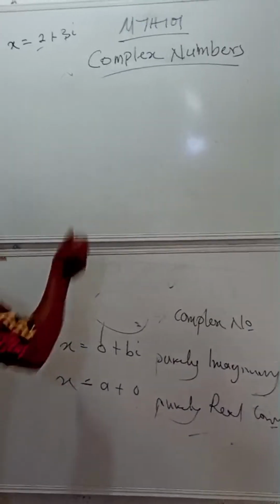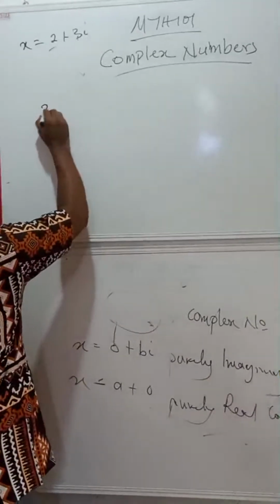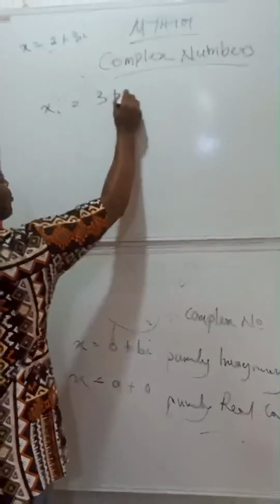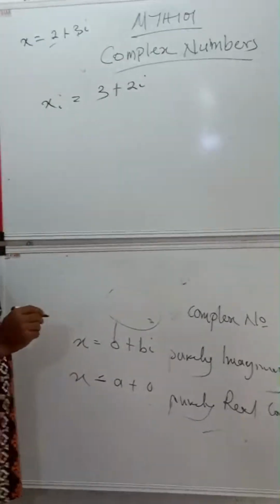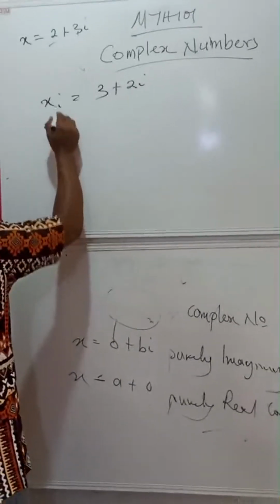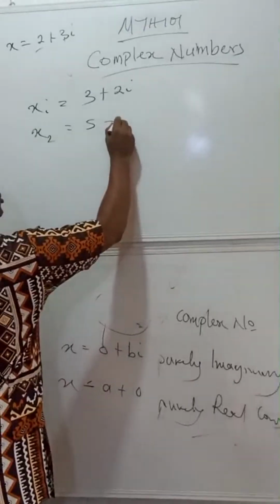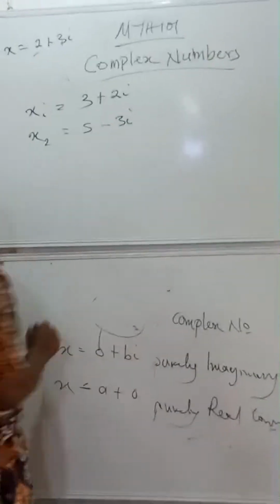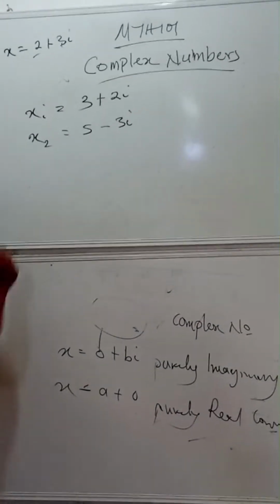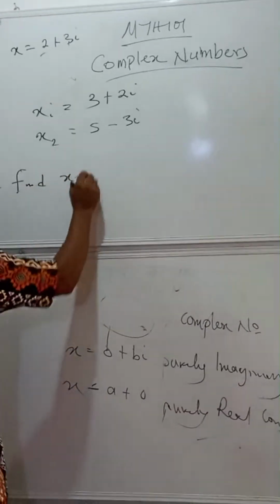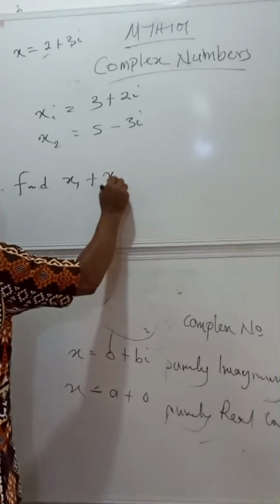Now, let's say we have x1, which is a complex number, 3 plus 2i, and we have another complex number, x2, equal to 5 minus 3i, and you are asked to find x1 plus x2.